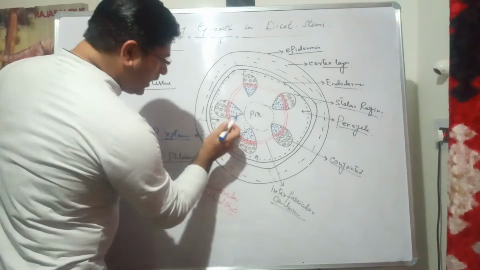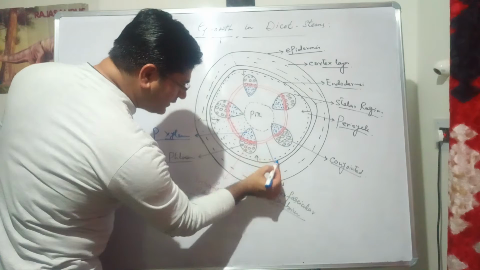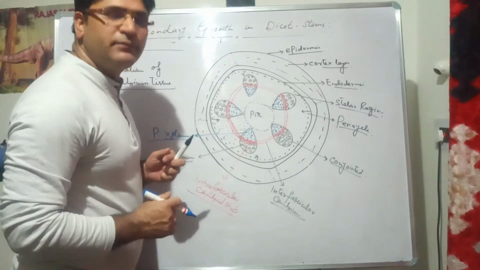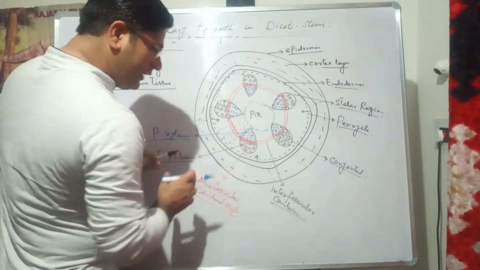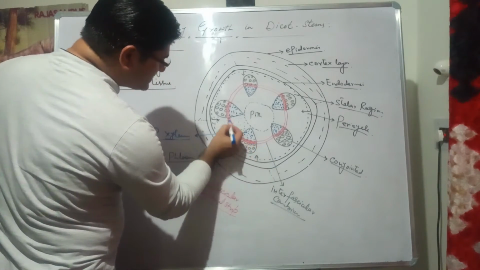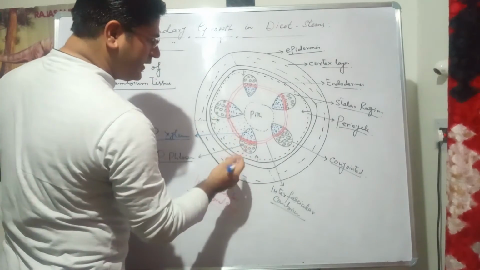This cambial strip formed between two vascular bundles is called intervascular cambium. Later, this intervascular cambium joins the intravascular cambial strips.